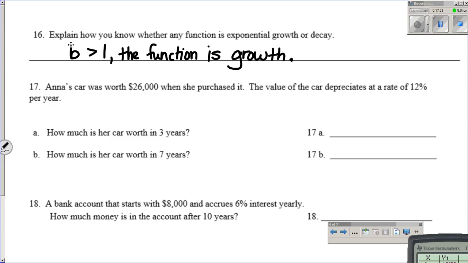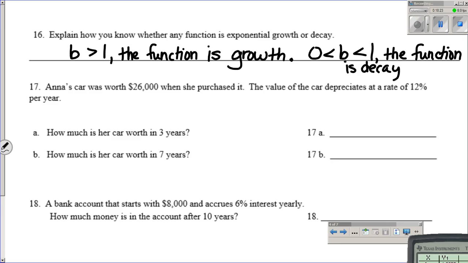So if b is greater than 0 and less than 1, that just means b is between 0 and 1, the function is decay. And remember, if it's a number that's less than 1 but greater than 0, we call that a decay factor. And if it's a b value greater than 1, we call that a growth factor.